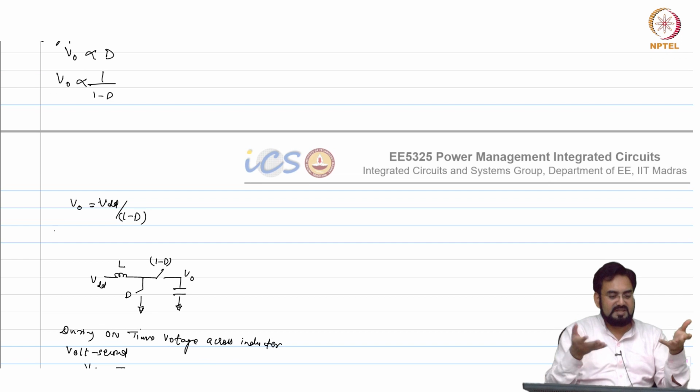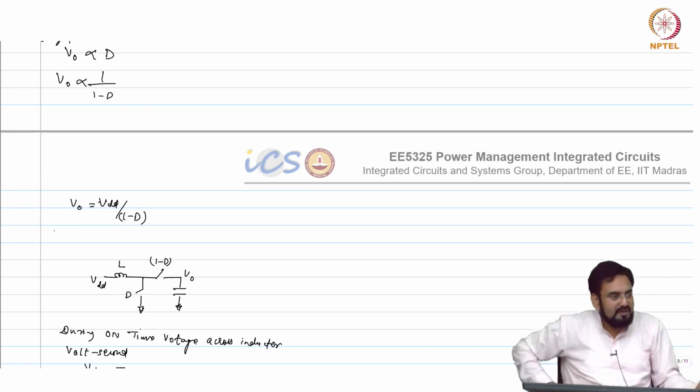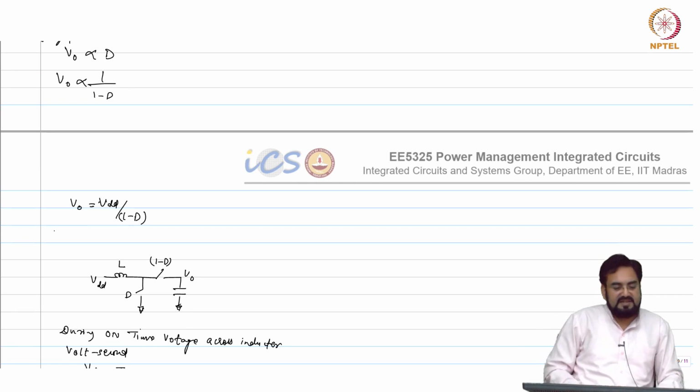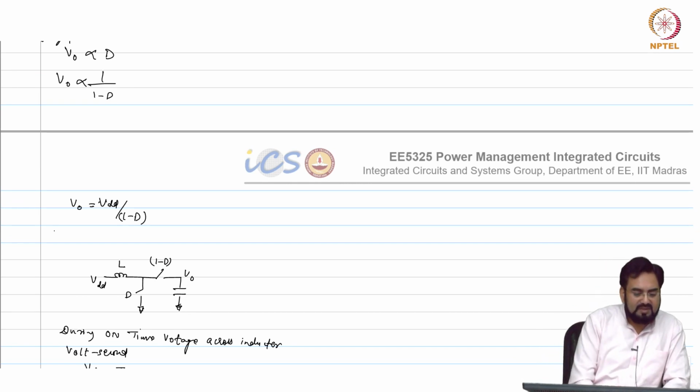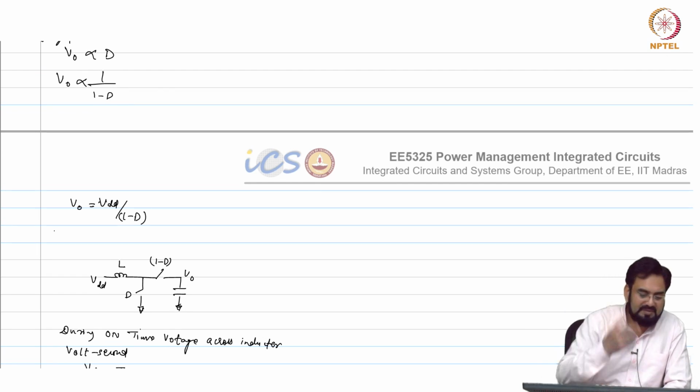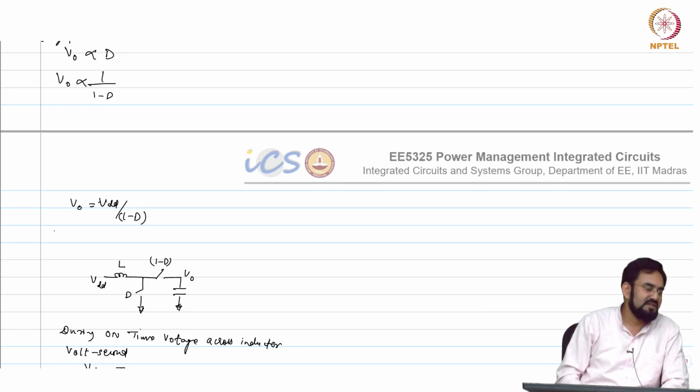That is why with a boost you cannot arbitrarily operate at any high load current. Whenever we design a boost, we usually do not design for very high current. The load may be limited to 1 amp or less, especially if your output to input voltage ratio is high.